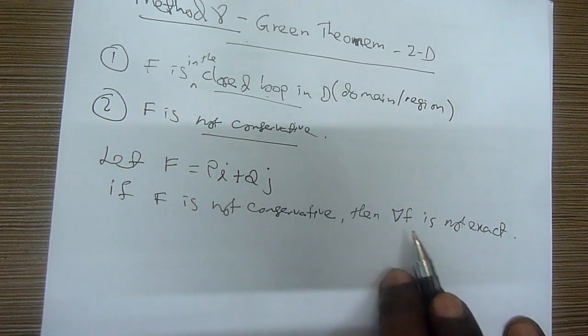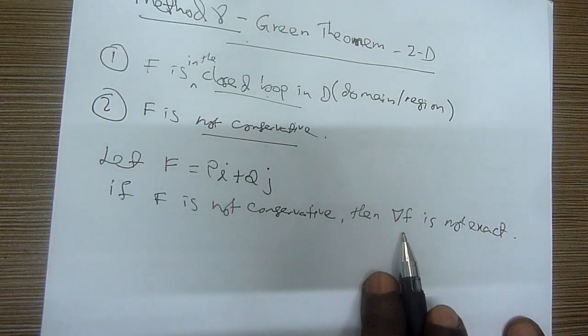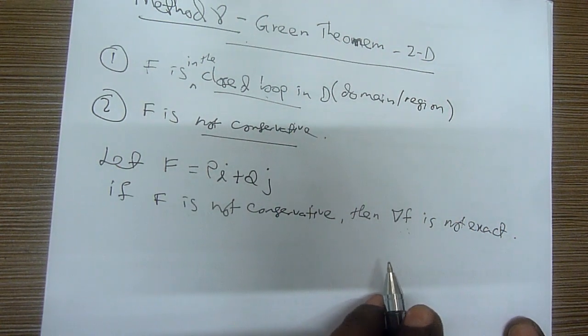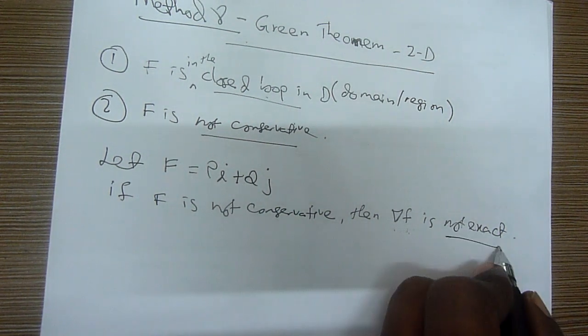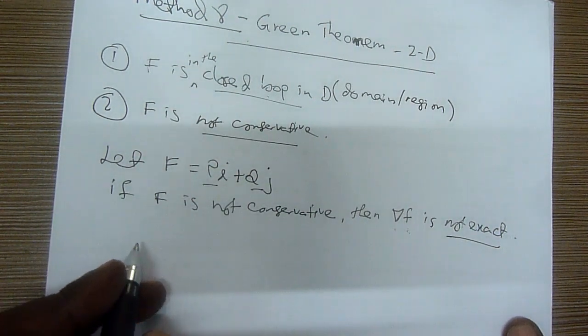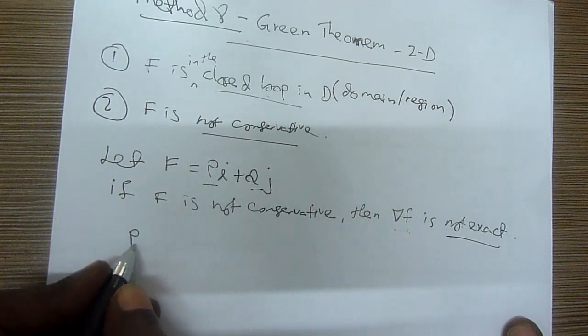Earlier we said if it is conservative, there must exist a potential function, and the gradient of the potential function must be equivalent to F. If this is the scenario, we know it's non-exact.